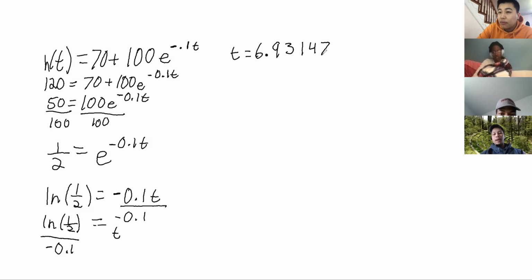For it to have twice, we would need 6.9 times 2, units of time passed. So we could do one more just to prove that. Instead of 120, we plug in 95.